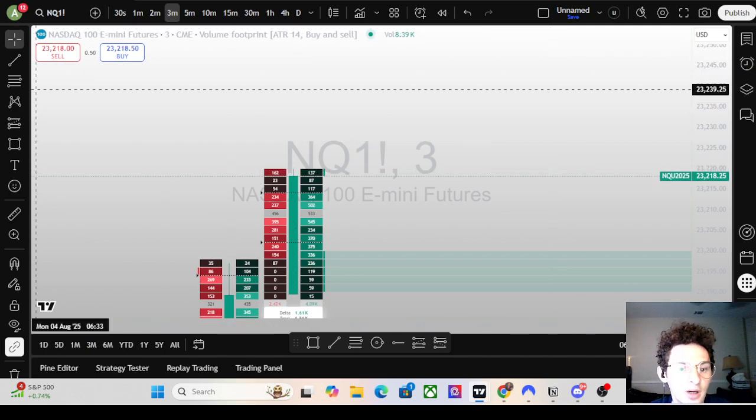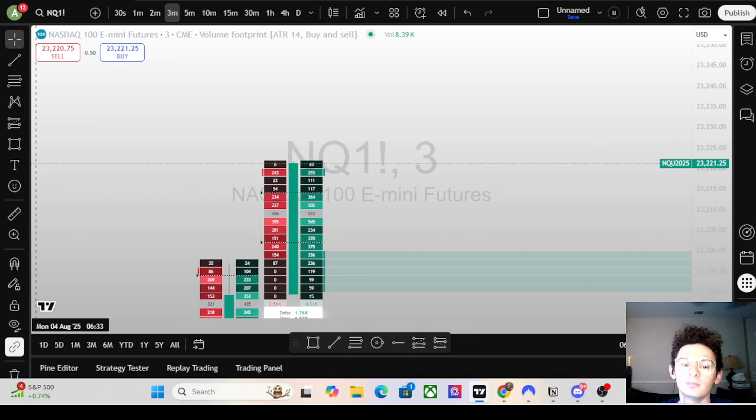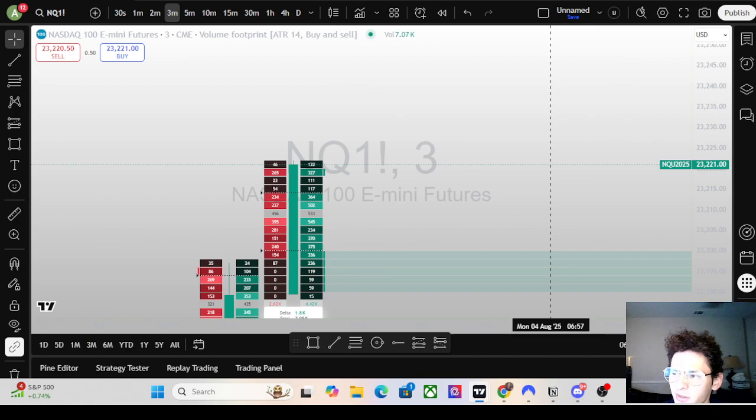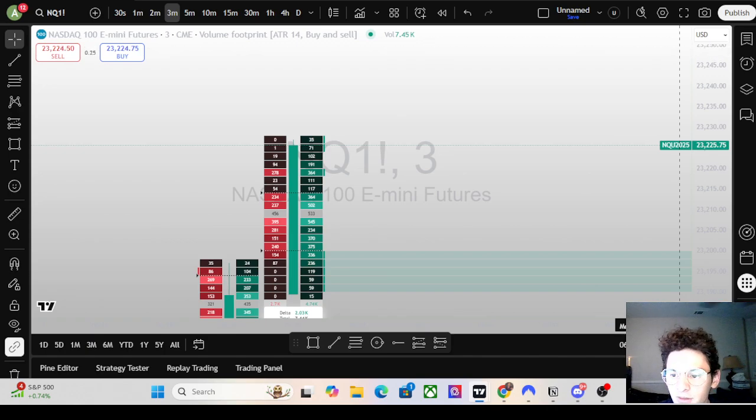I entered 2 contracts. We'll see how that goes. I entered on micro contracts, by the way, not minis. I did want to enter 3, but my thing wasn't set up for whatever reason.